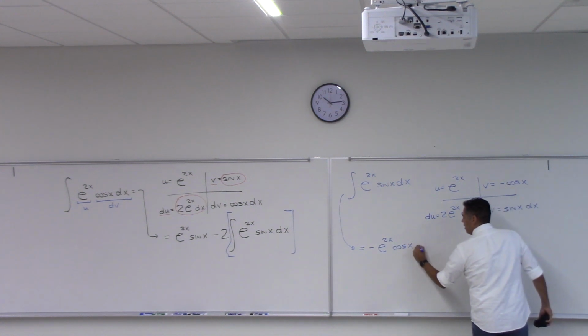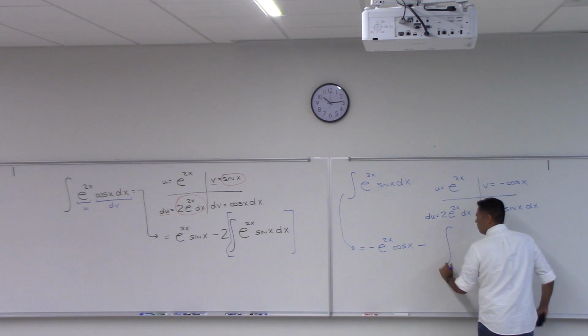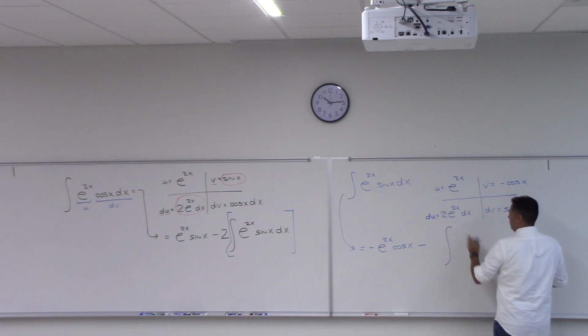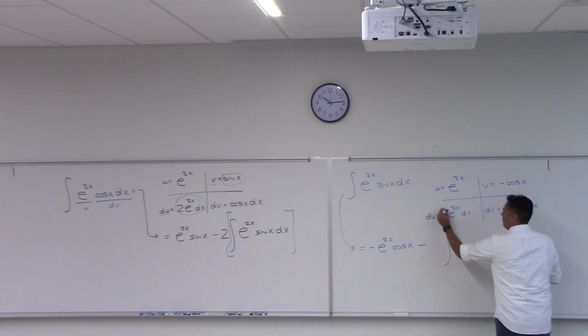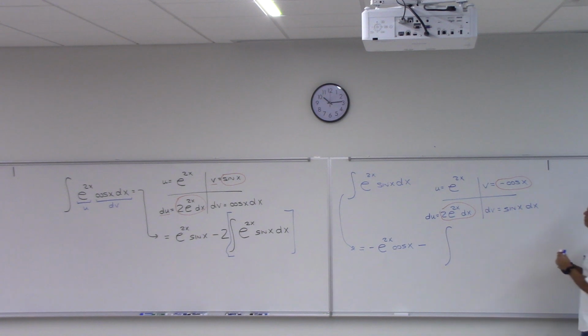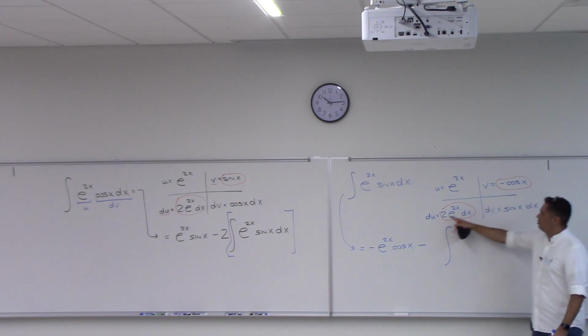Then I have minus, okay, integral. So I'm doing ultraviolet minus the integral of voodoo. Voodoo is going to be this and this together, right? Can I pull anything out? I can pull a negative 2 out, can't I? I have a negative here and I have a 2 here.